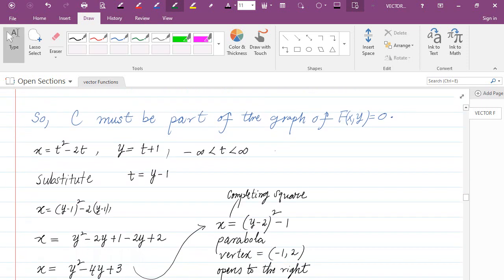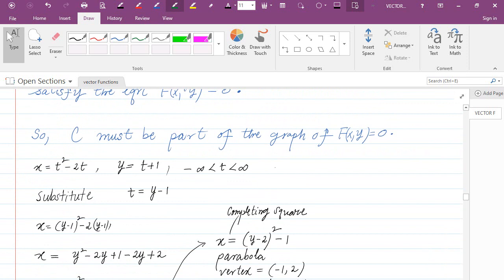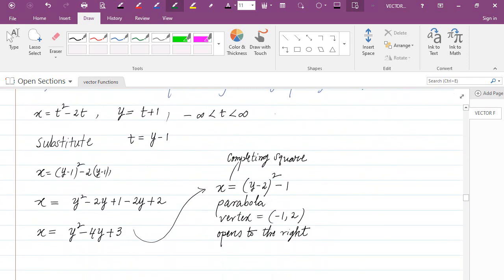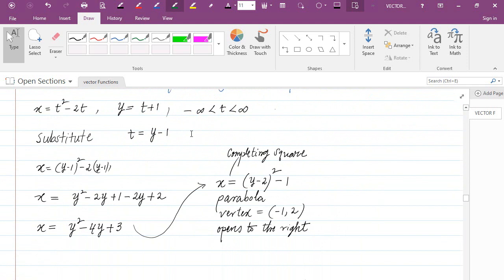So in this case, we know that x is t squared minus 2t, y is t plus 1, and t is between negative infinity and infinity. Now, from the formula for y, let's solve for t.